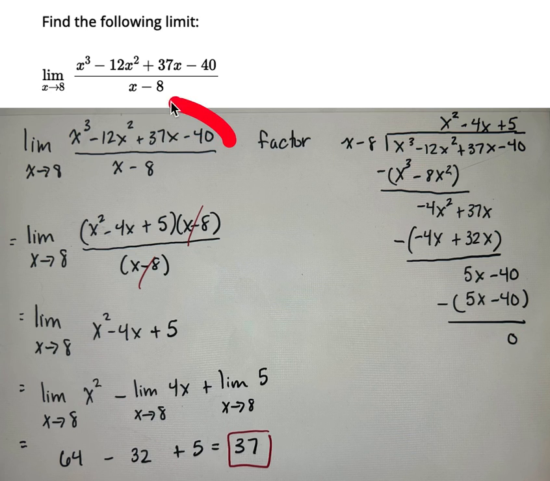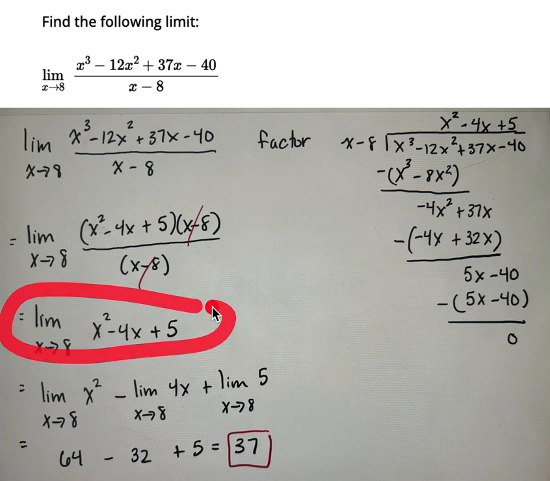So when I divide by x minus 8, I'm getting x squared minus 4x plus 5. So I just factored that. Now I can cross off the x minus 8, or I could literally just divide this x minus 8 into this, and this is what we're left with. Either way, you're going to get the same thing.